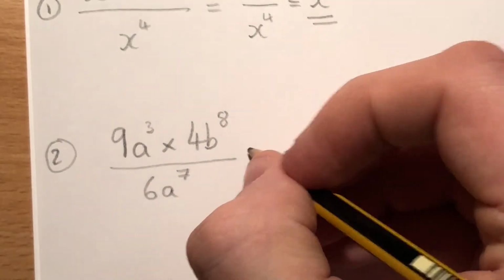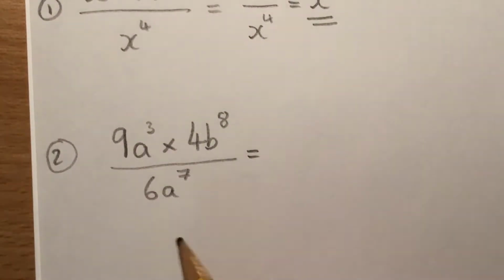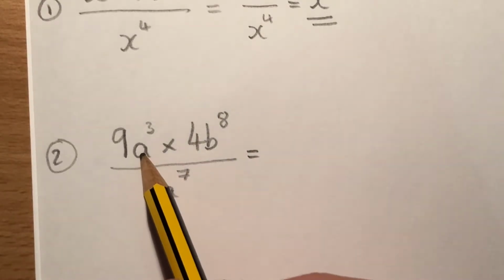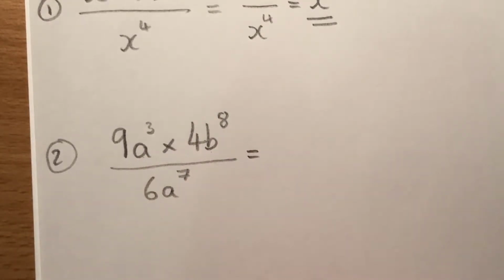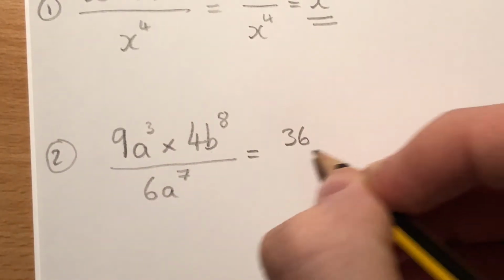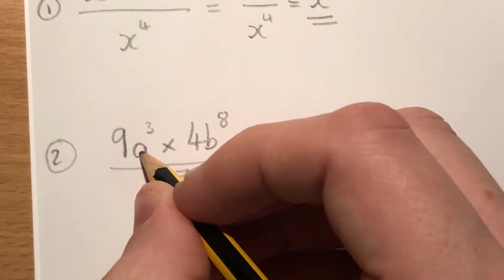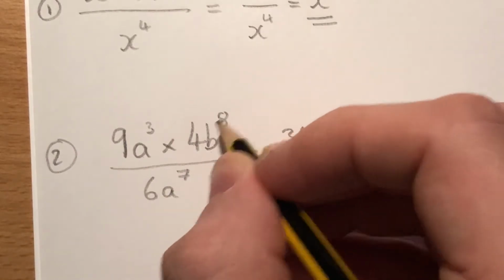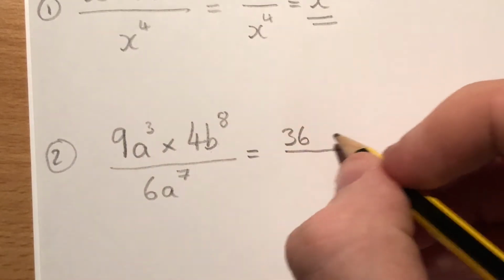Next one then is a variation of that. This time we've got coefficients in front of each of our letters. And you'll notice here that we've got two different letters. That's what makes things a wee bit more problematic, but we can still work with it. 9 times 4 is 36. We've got a cubed times b to the power of 8. They're different bases, so they must remain separate.